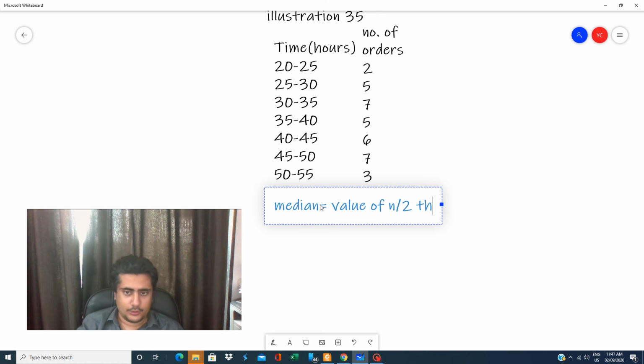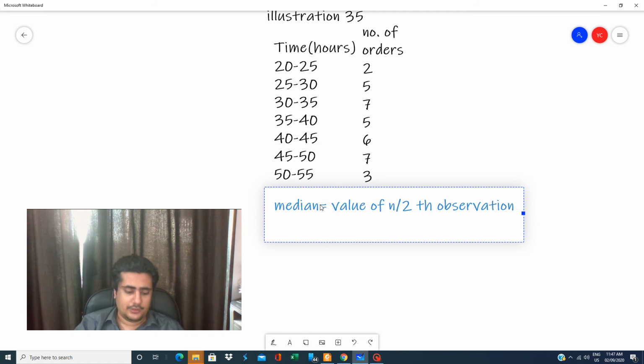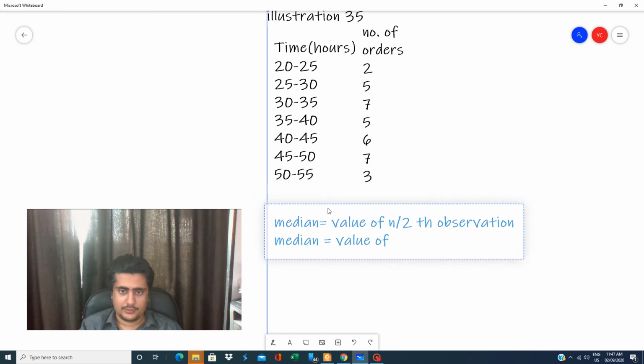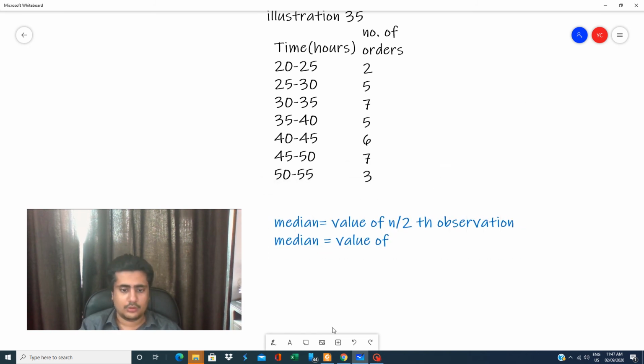When classes are given, your median will be the value of n upon 2th observation. Now what is n? You need to find n. We are finding median, so I need to find CF also. So let's find the CF.